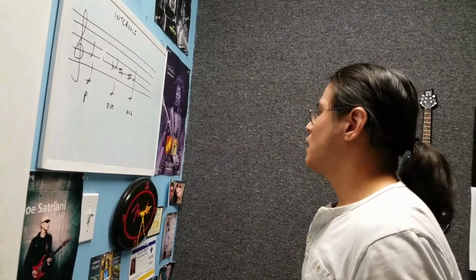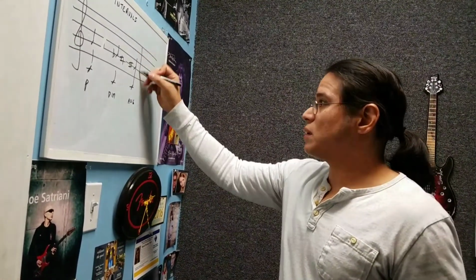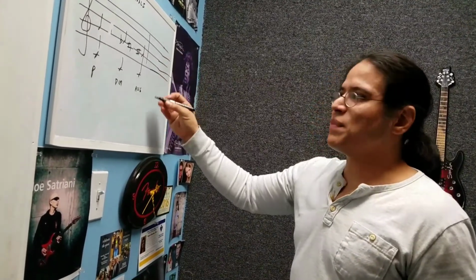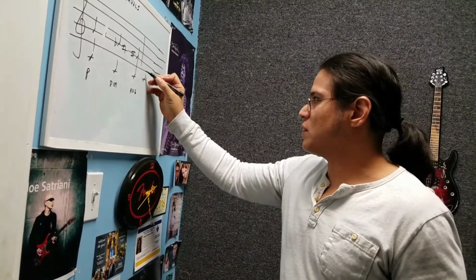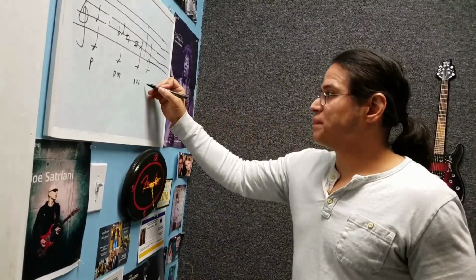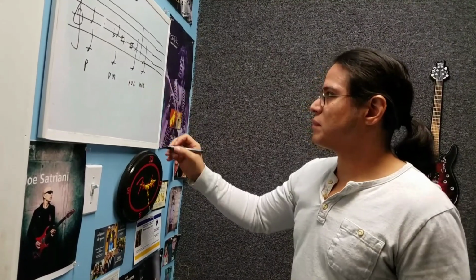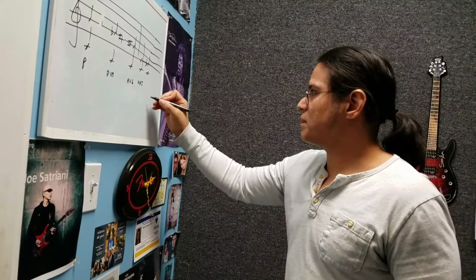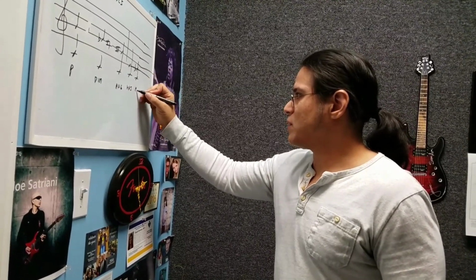Okay? If I do the same thing with a third, let's say from C to E, right? So I have C and I have E here. Boom. That's a major third. If I take C to E flat, that's a minor third.